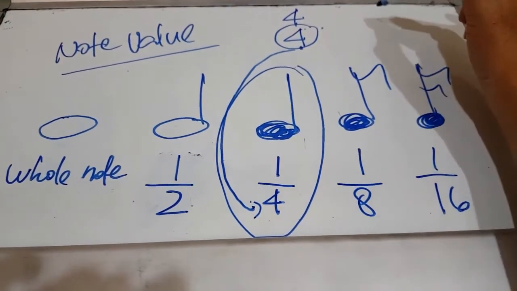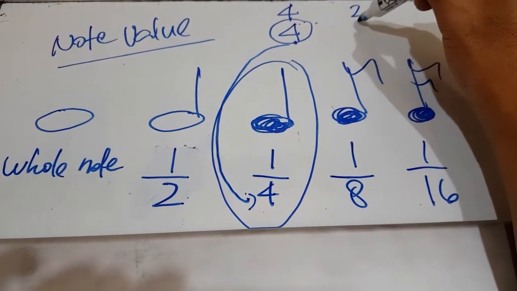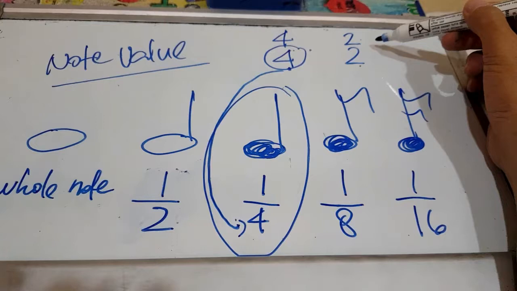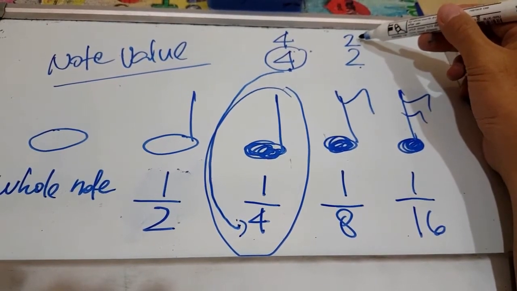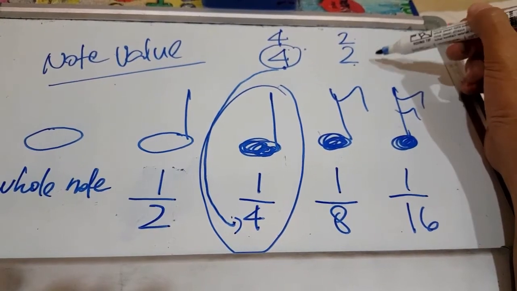But if the number at the bottom, for example in this time signature here, 2 2, we know the number on the top means the number of beats.